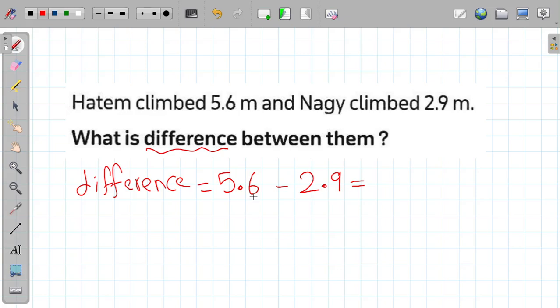So 6 minus 9, it can't be, so I will borrow from 5, becomes 4, and 6 becomes 16. 16 minus 9 equals 7. And I'll put the decimal point. Next, I have 4 minus 2 equals 2. So the difference equals 2.7 meters.